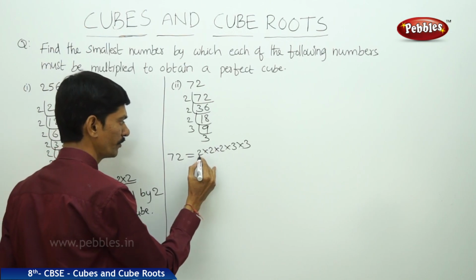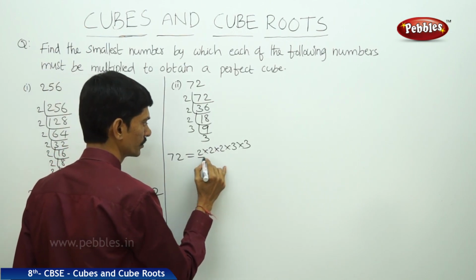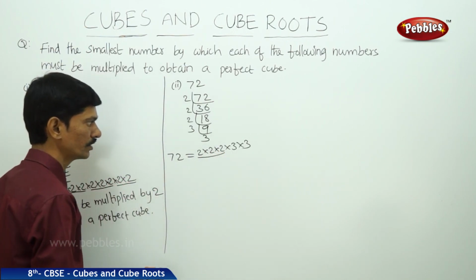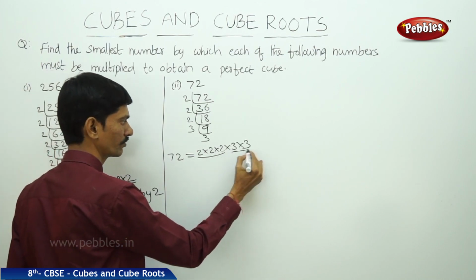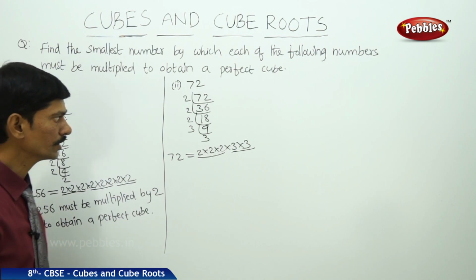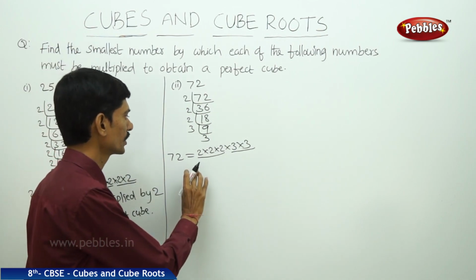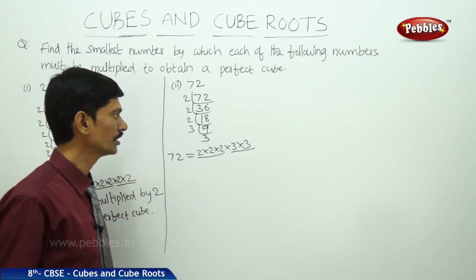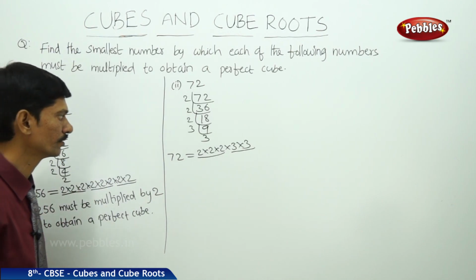Here the first prime factor 2 appears 3 times. But whereas the second prime factor 3 appears only 2 times, which means it is not a perfect cube. So we need to multiply the given number 72 by 3 to obtain a perfect cube.